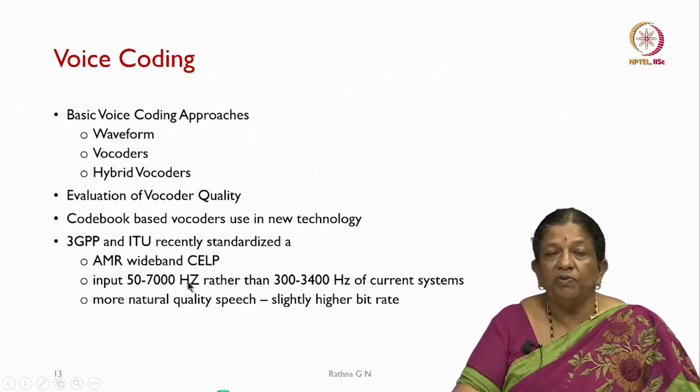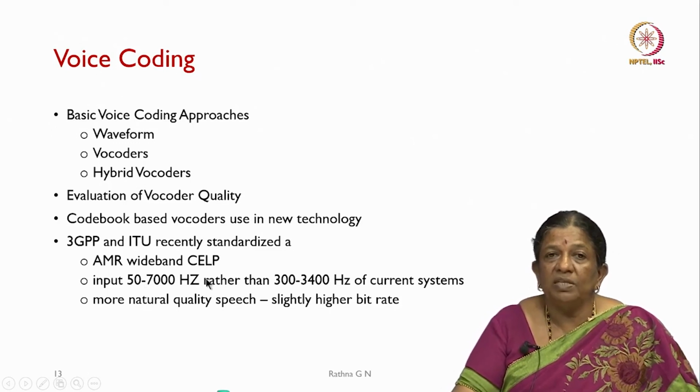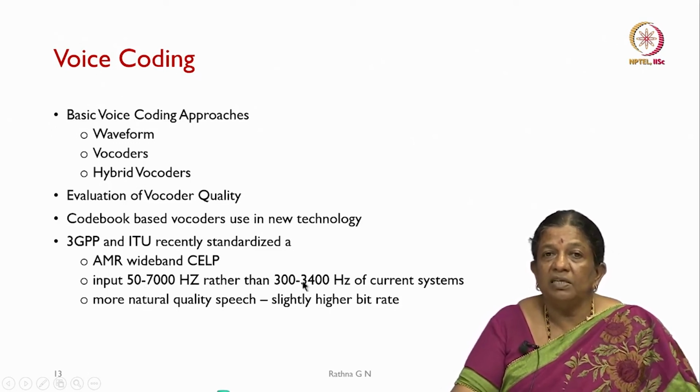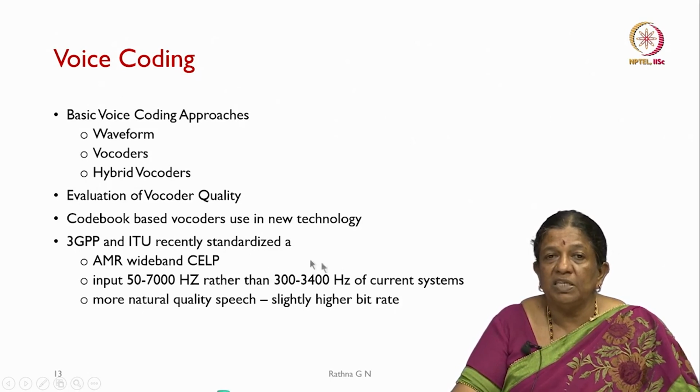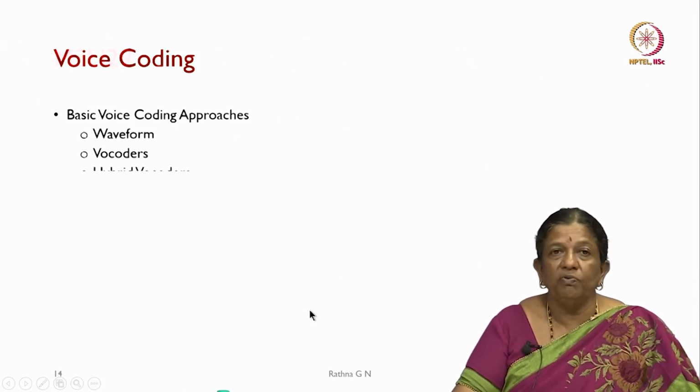So we are moving from narrowband to wideband signals, rather than 300 to 3400, which was the telephony standard. This new standard is in the 16 kilohertz range of current systems. It gives more natural quality speech, with a slightly higher bit rate that we have to account for.